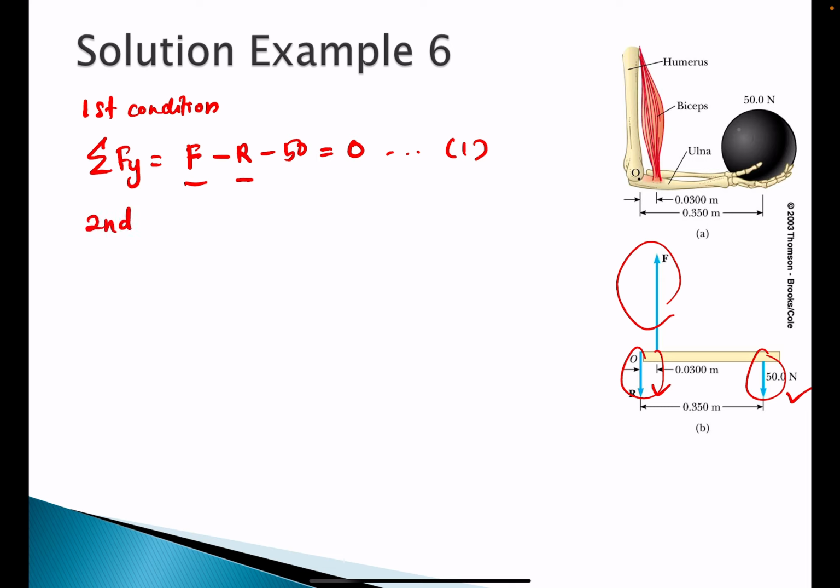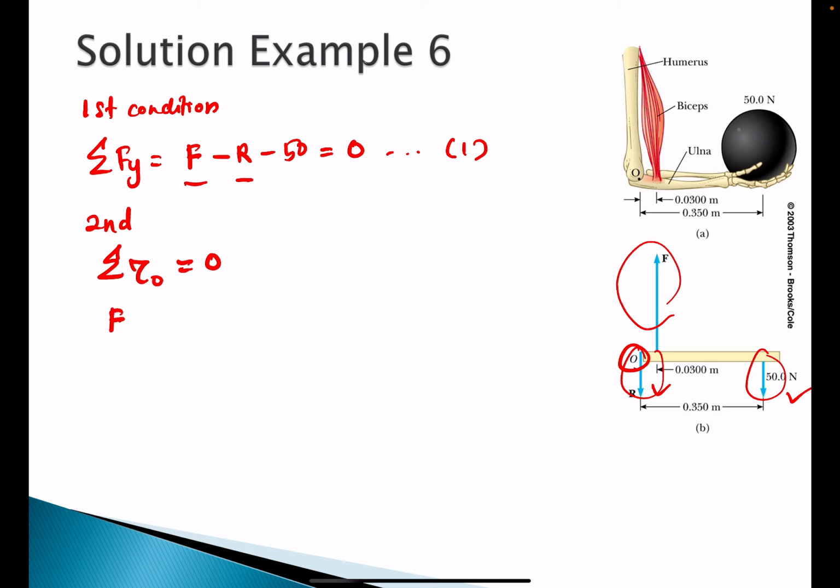So we use the second condition, which states that the summation of torque at any point will equal 0. We take the point O as the point. So sigma torque at point O equals 0.